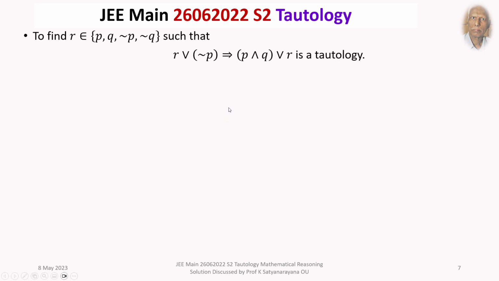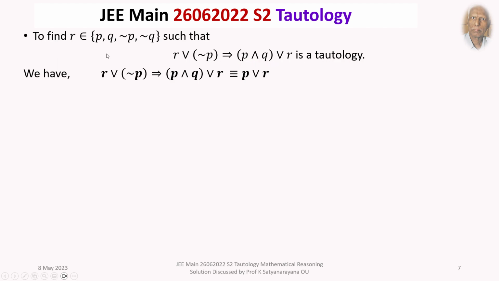So the given Boolean expression is equivalent to P or R for all truth values of P, Q, R. Now, for what R coming from this set is this given logical statement a tautology?